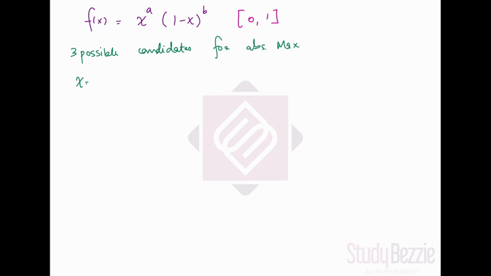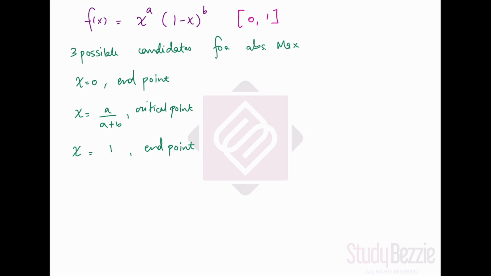The first candidate is x equals 0, which is the left-hand endpoint of the interval. Then you got x equals a over a plus b, which is the critical point we got from our analysis. And then the last one is going to be x equals 1, which is the other endpoint.